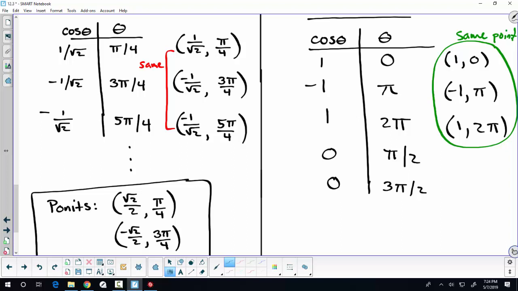Right, so all the odd pi's over 2, you're at the origin or the pole again. I'm gonna write the points down. So those are the same points as well.